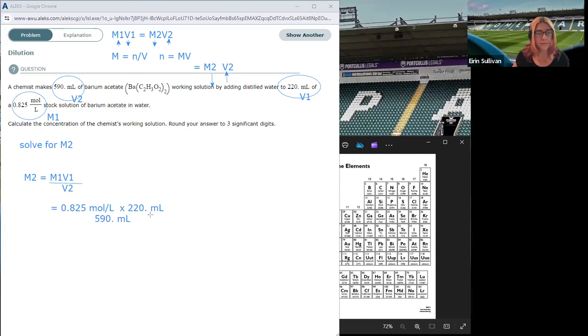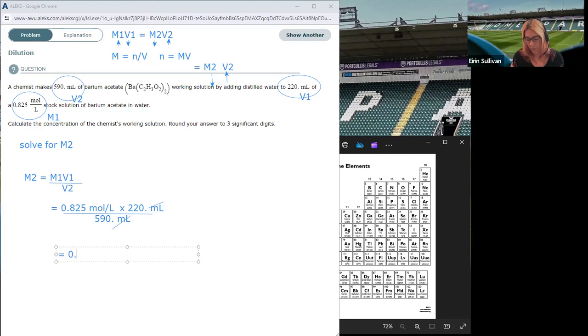We get our final answer in moles per liter, which is a concentration, what we're expecting because we are solving for the final concentration. Another thing you should mentally check when you're done: you are finding the concentration of a more dilute solution, therefore the concentration should be lower than for the stock solution.